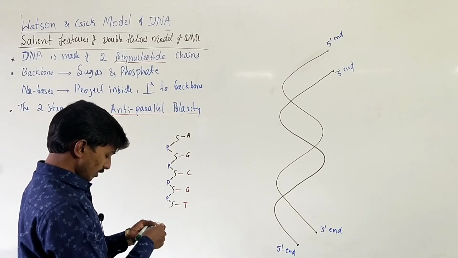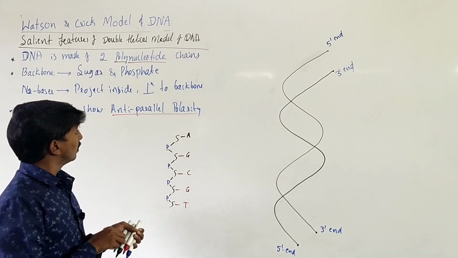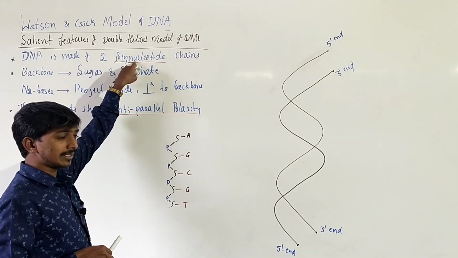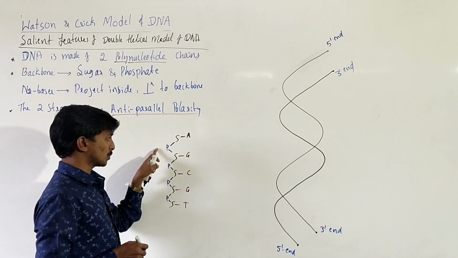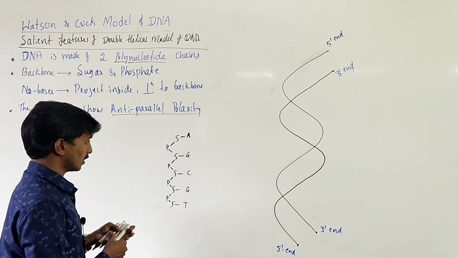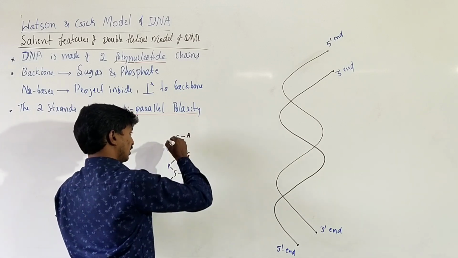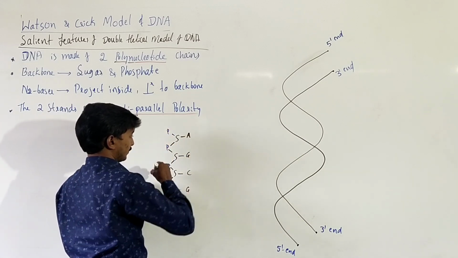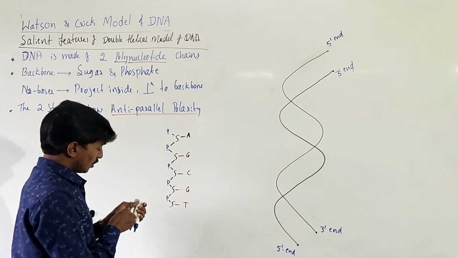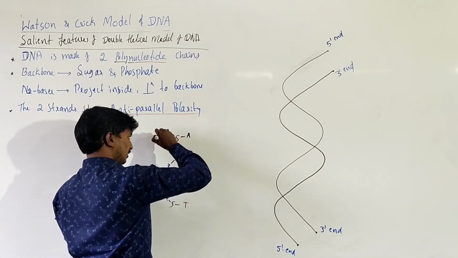We all know that a nucleotide means sugar, phosphate, and one nitrogen base. So here we have a phosphate again: sugar, phosphate, and nitrogen base.